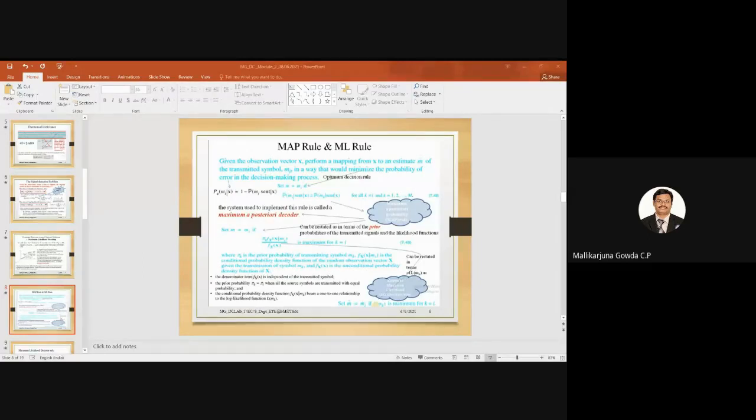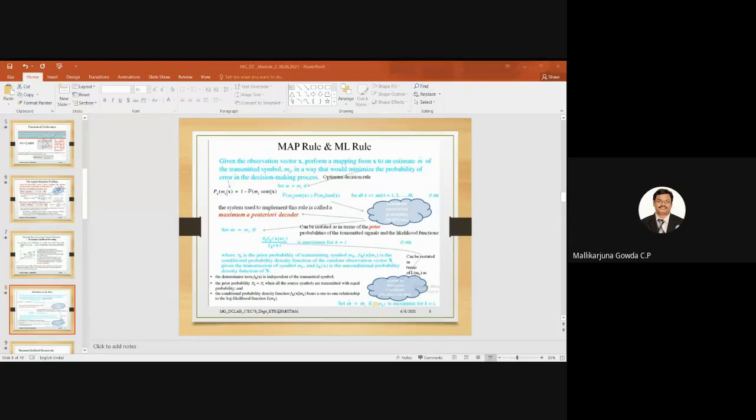Set m cap equal to mi if the probability of message symbol mi sent and x received is greater than or equal to the probability of message mk sent and x received. Our goal is to maximize the average probability of correct decision so that the average probability of error will be minimum.